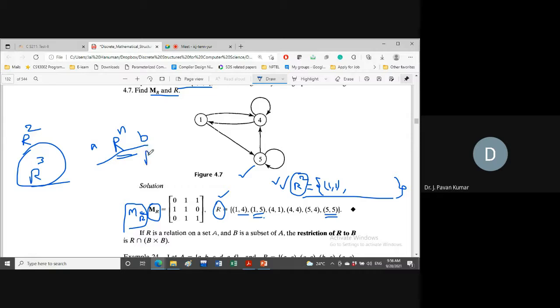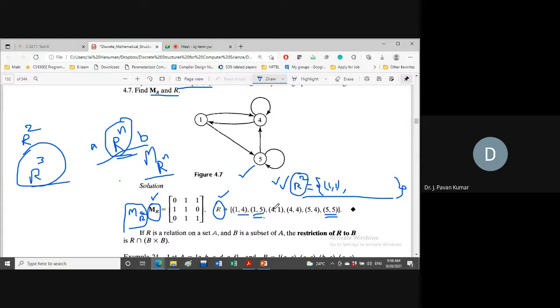Now, MRn also we can obtain from this Rn. Now the question is, if you know MR, how can we get MR2 easily, or MR3, MR4 or MRn easily? Why do we have this question?